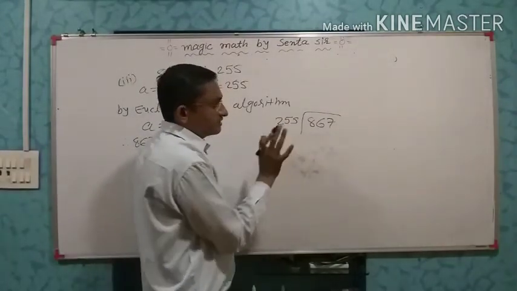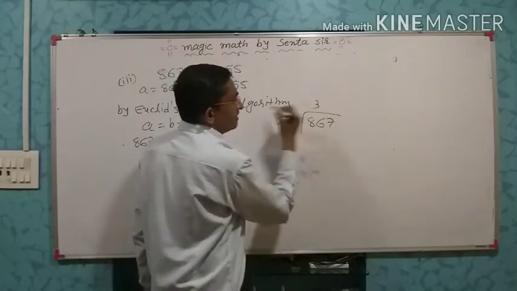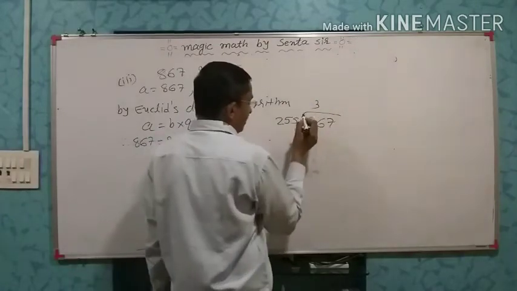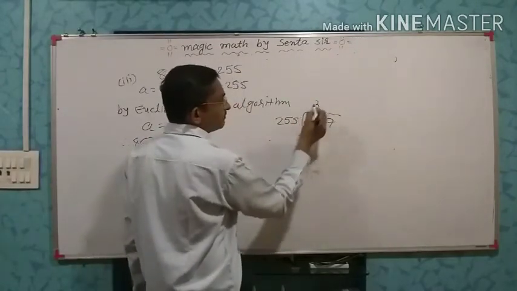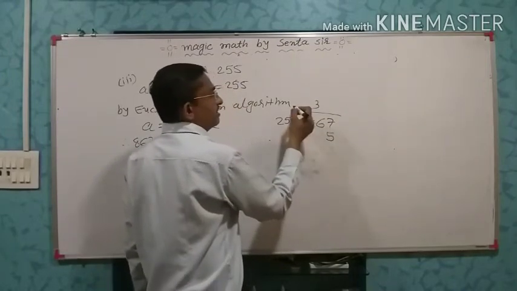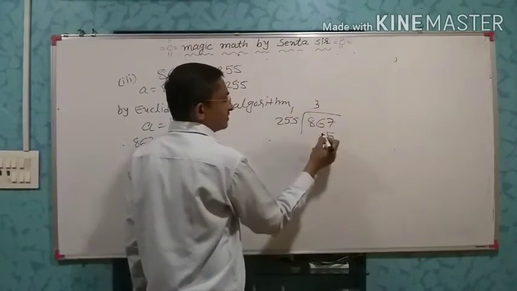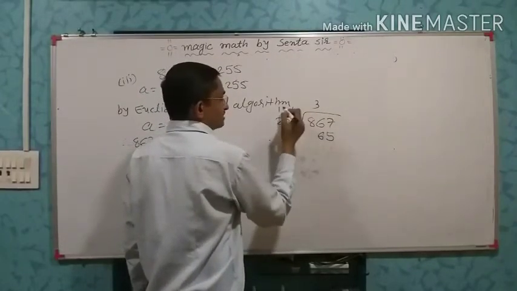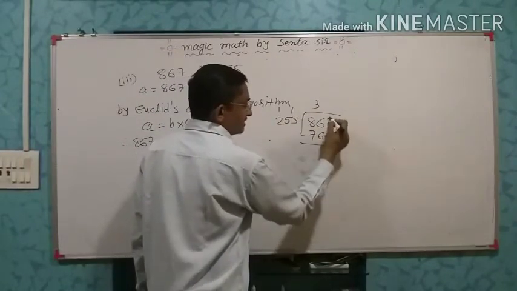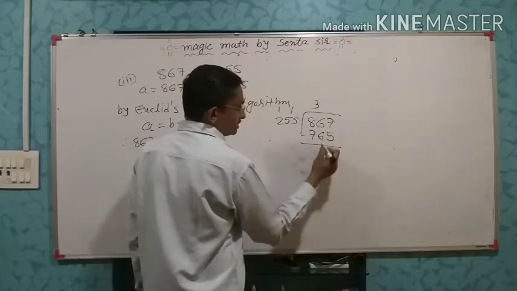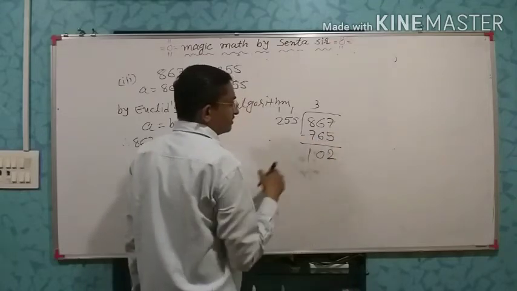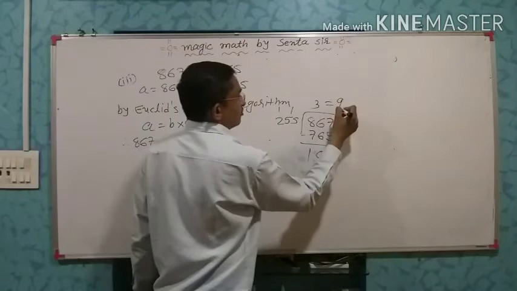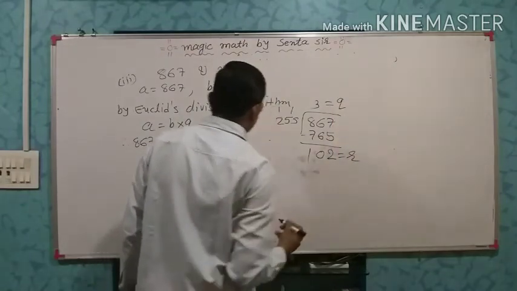255, 3s are 75. So we can divide by 3. 5 3s are 15, 1 carry, 5 3s are 15 plus 1, 16, 1 carry, 2 3s are 6 plus 1, 7. 7 minus 5, 2, 6 minus 6, 0, 8 minus 7, 1. 3 is the quotient and 102 is the remainder.